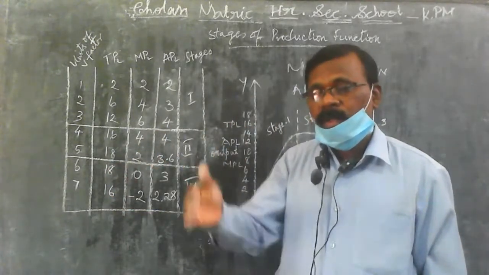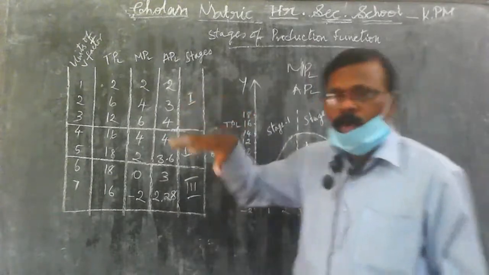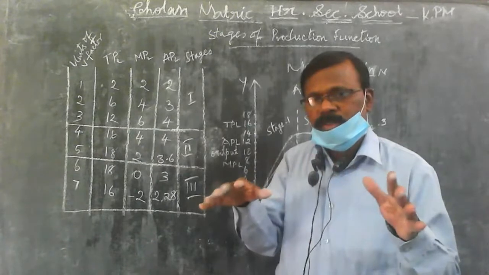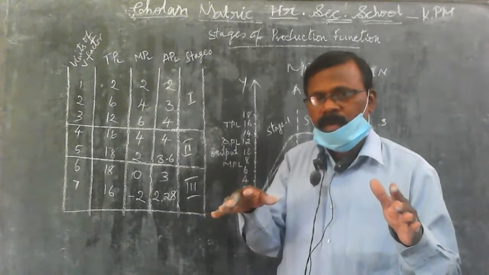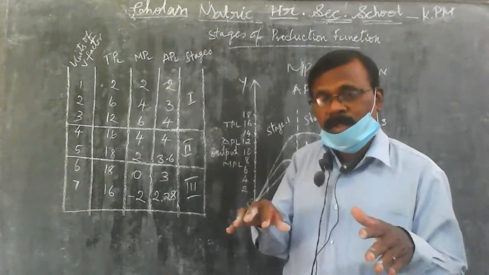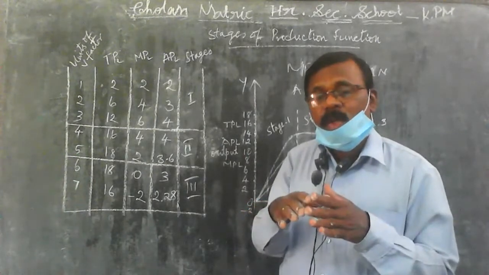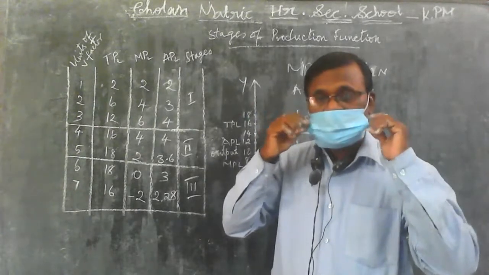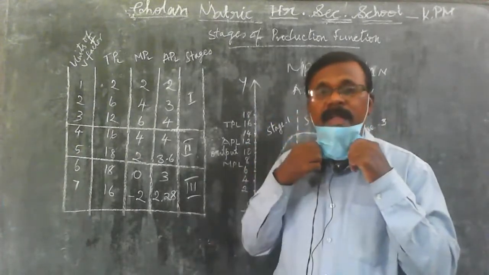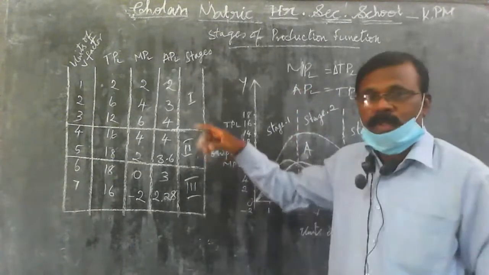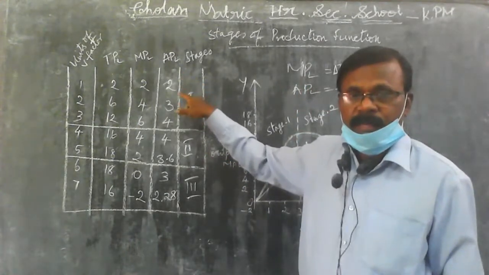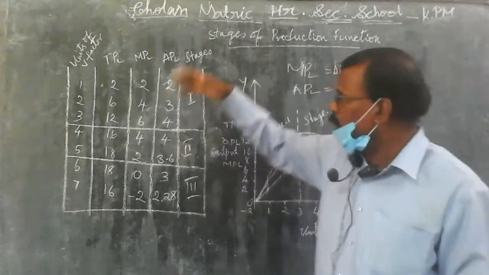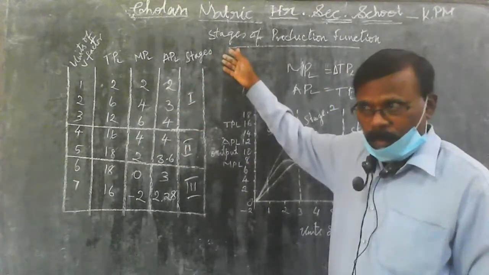Next, all the units of the variable factor are homogeneous. Another assumption is that there is no change in the state of technology. Then there is no change in the price of the product. So these are the assumptions of the law of variable proportions.